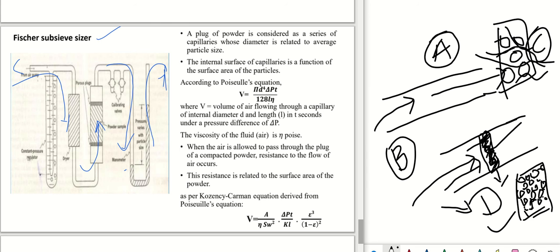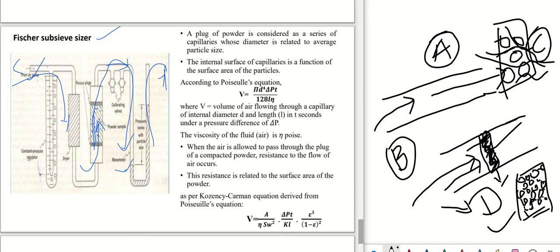Now during this travel, some of the gaseous molecules get adsorbed, and the particles present in this plug form small channels. Through these channels the gas will flow out, and the resistance to this airflow can be easily observed from the readings of the manometer.